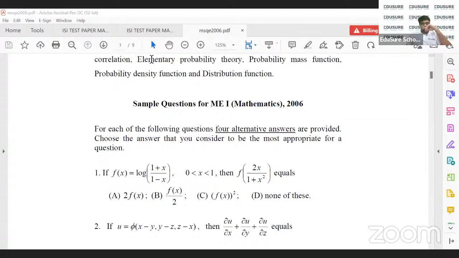This is ISI 2006, question number 1. I'm ending the poll now.